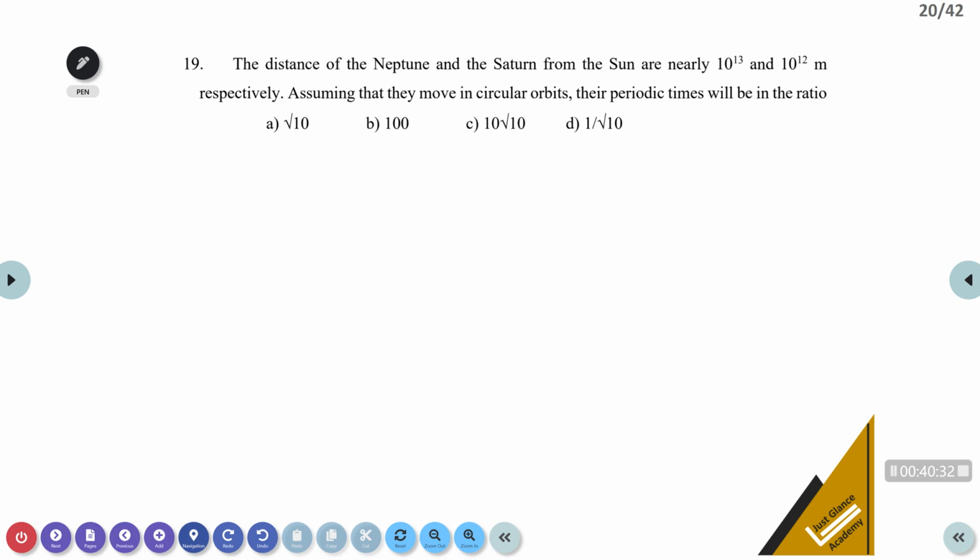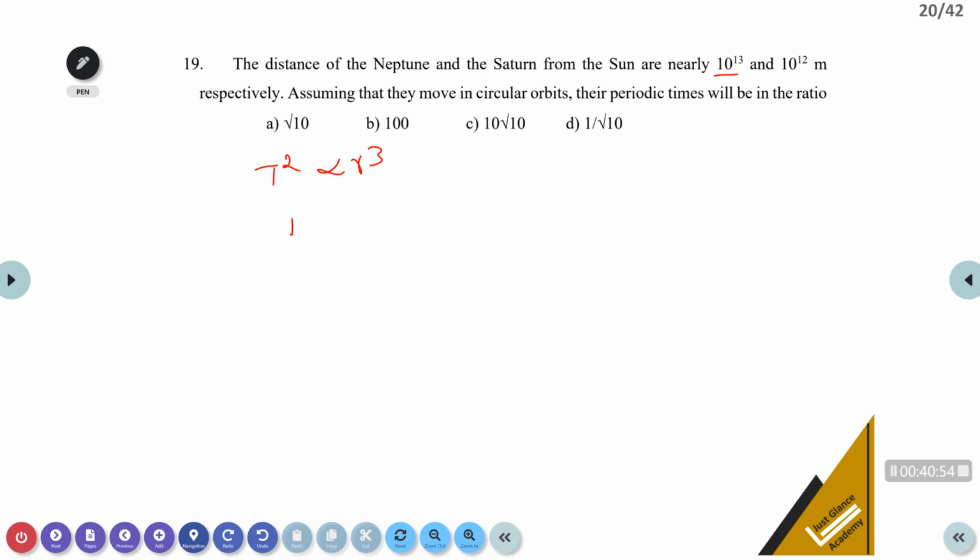Next, 19th. The distances of Neptune and Saturn are 10 to the power of 13 and 10 to the power of 12 respectively. Assume that they are moving in circular orbits. To find the periodic times, we have to use T square is directly proportional to R cube.